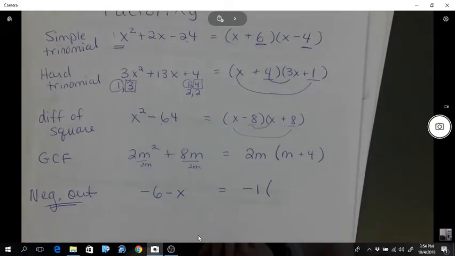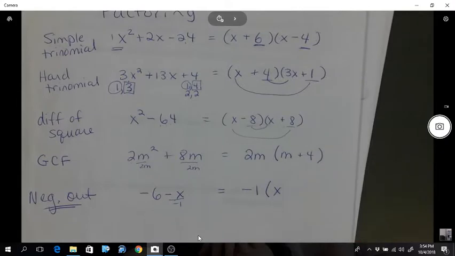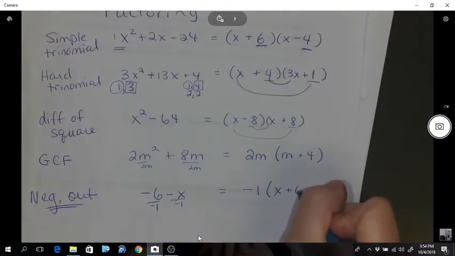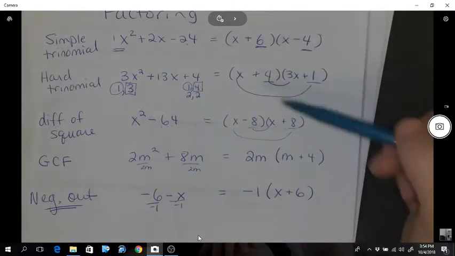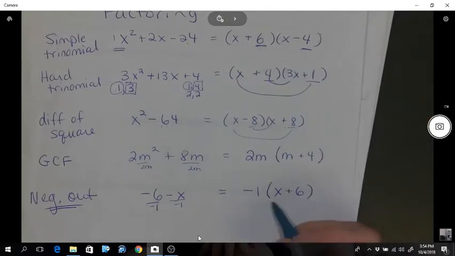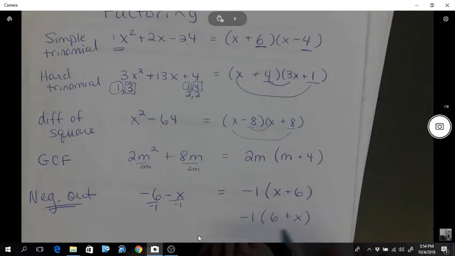When I divide by negative 1, I'm going to write my x term first. So if I divide that by negative 1, it becomes an x. And if I divide that by negative 1, it becomes 6. Okay? And I just flip the order because that's consistent with what we're seeing, so it just looks nicer and easier to work with. Okay, obviously it would be the same as that.